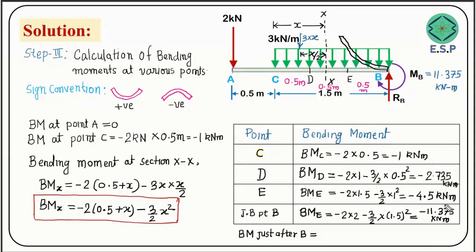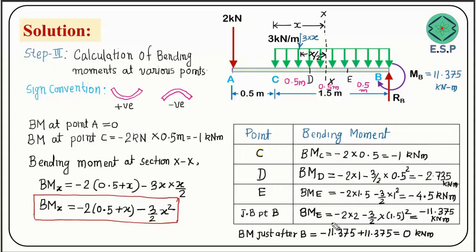Whatever bending moment we got here, once we cross, this value will be added to it. So we have minus 11.375 plus this value, that is 11.375, and that is going to be 0 kilonewton meter. Once we cross it, then this value would come.